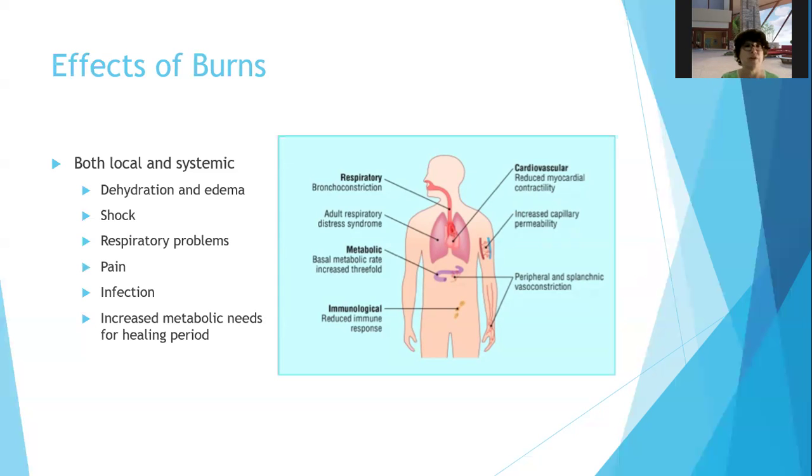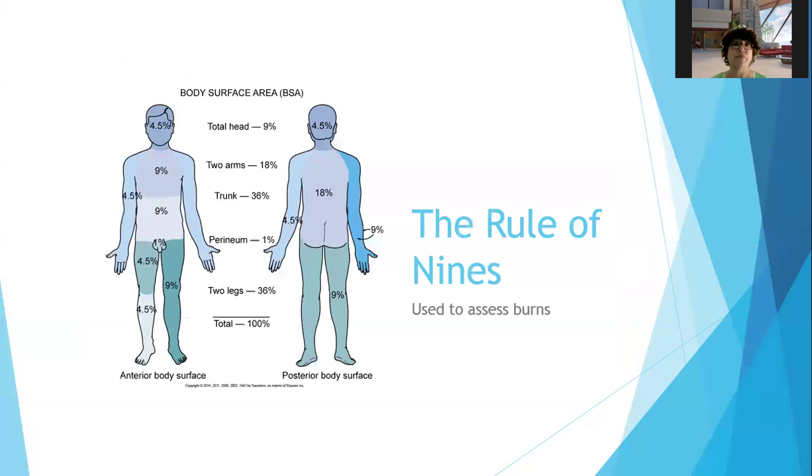It's damage to the circulatory system. Respiratory problems, you get some bronchoconstriction. It can cause adult respiratory distress syndrome. Pain, of course, infection because your outer layer is damaged, and increased metabolic needs during the healing period. The cells need to regenerate.